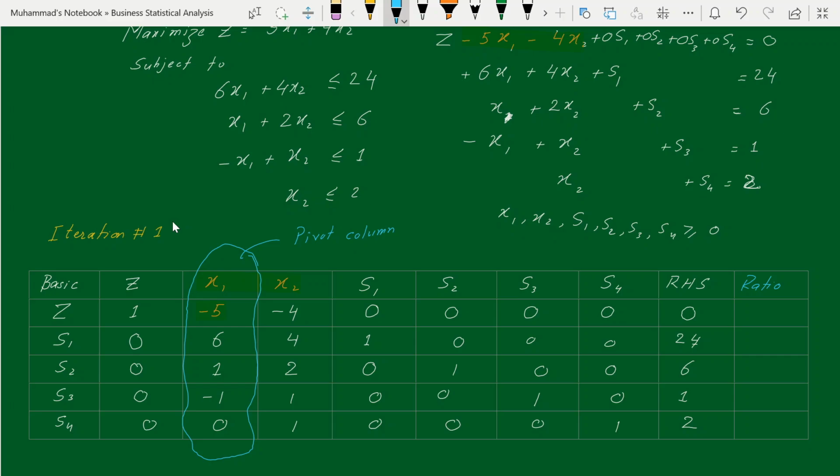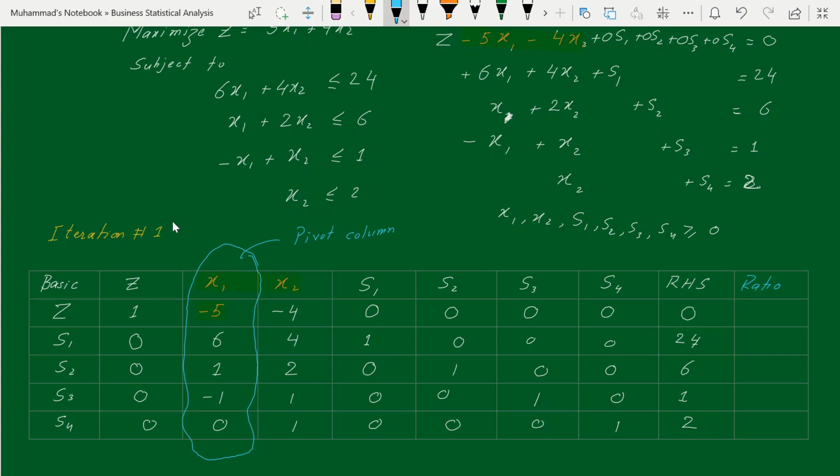Okay, so once you have selected the pivot column, the next step is to find the pivot row. To find the pivot row, we find a ratio, and the ratio consists of the right hand side of each constraint to the coefficient of variables in the pivot column.